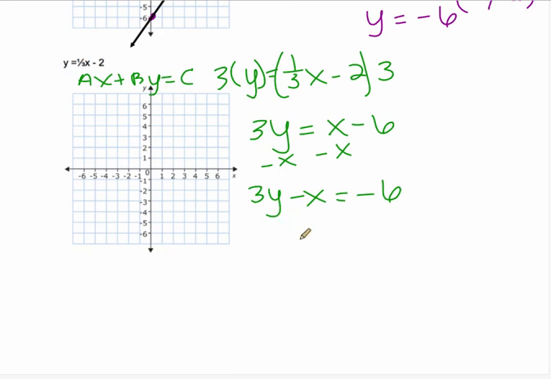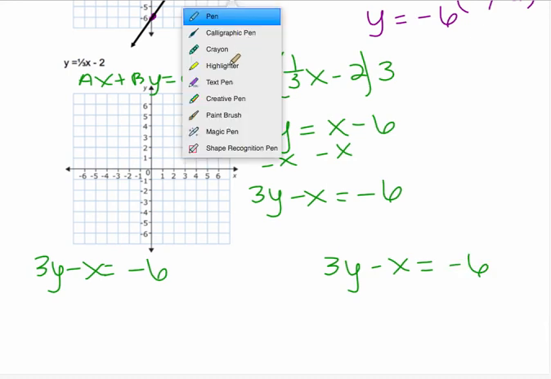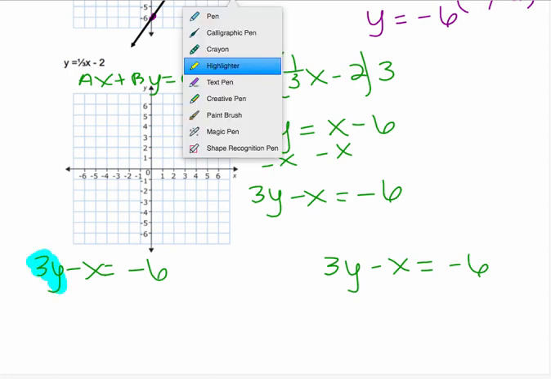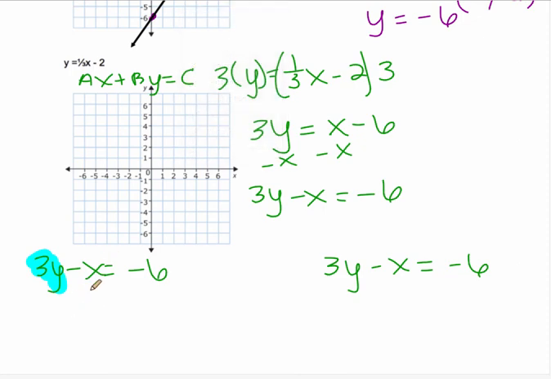Now I can use my cover-up method. Okay, so I'm going to show you that. I'm going to cover up my y to find my x-intercept. So to find x, I cover this up, and all I have to do is divide by -1. So x equals 6.